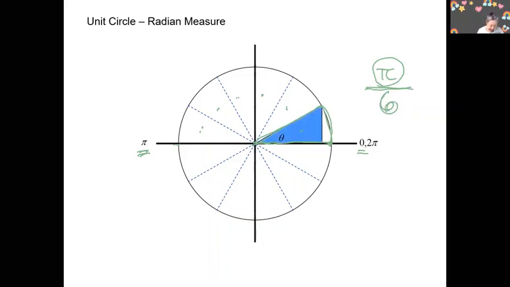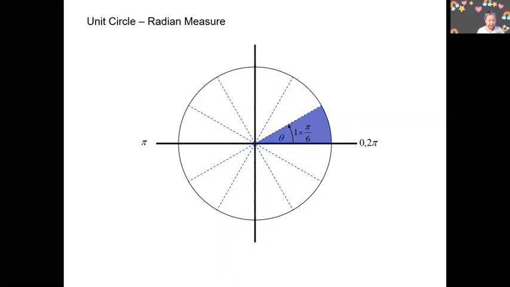So the angle here, if we imagine the inscribed right triangle inside of that piece, the radian measure will be pi over 6. It's one piece of pi over 6.